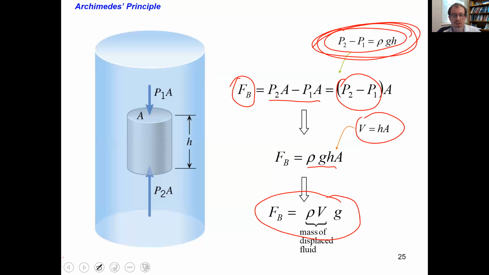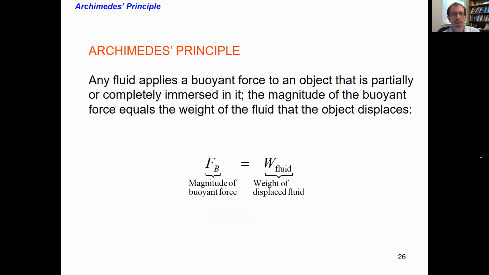And that's what I would use there in that equation. So my buoyant force is equal to the density of the fluid times the displaced volume times g. All right. This is Archimedes' principle.